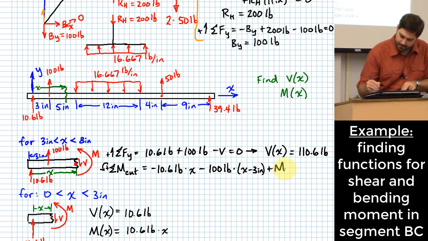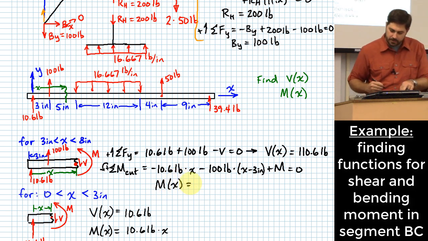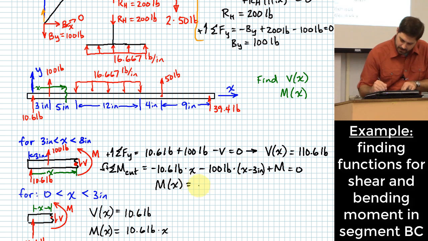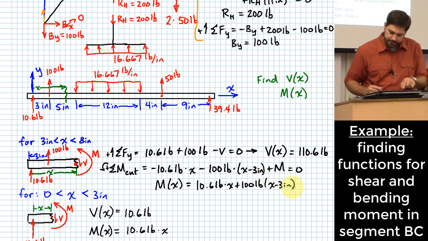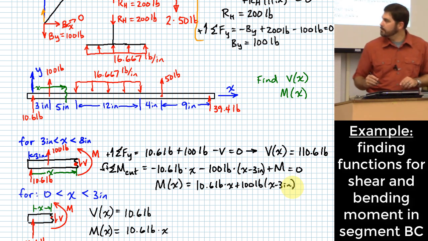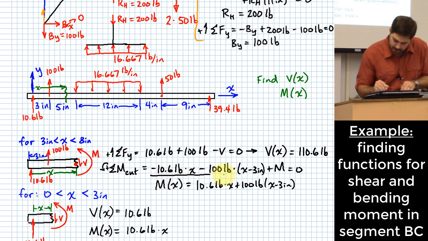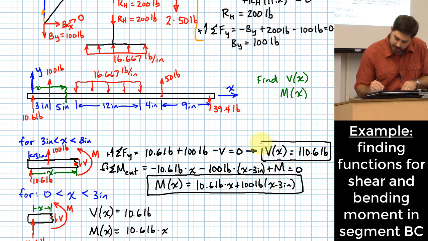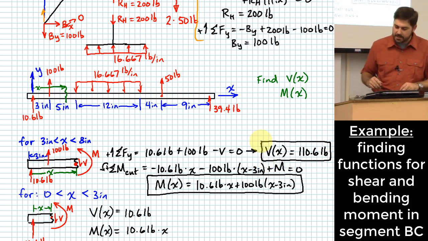Plus M equals 0. And this tells me what? M of X is going to be equal to 10.6 pounds times X plus 100 pounds times X minus 3 inches. I think that's it, right? So those would be my shear and bending moment functions in the range of the beam from 3 inches to 8 inches.